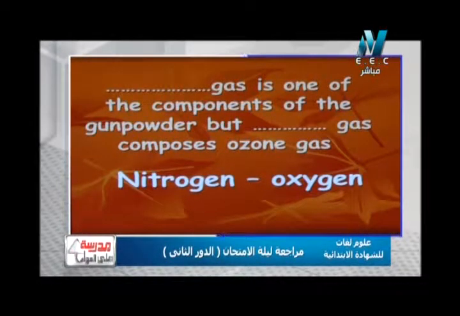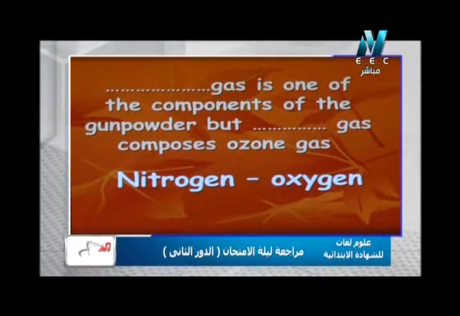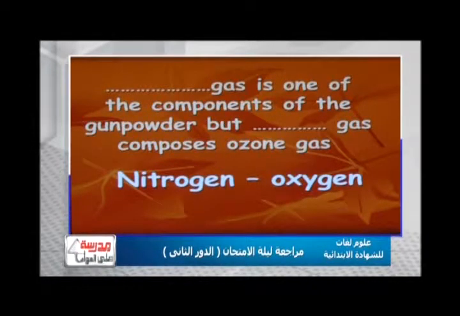So I use it in preserving any material which is flammable or can be exploded, such as the gunpowder, such as the petroleum, such as weapons, and so on. So any material which I want to store without explosion, without inflammation, I can use nitrogen gas around this material to prevent the explosion or the inflammation.